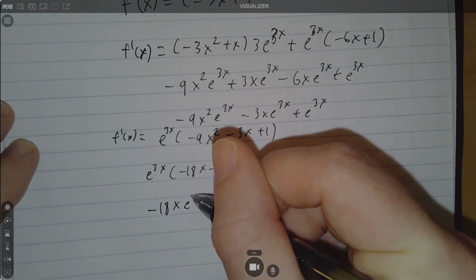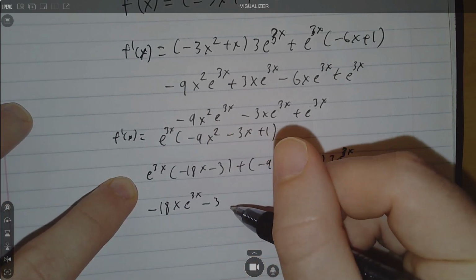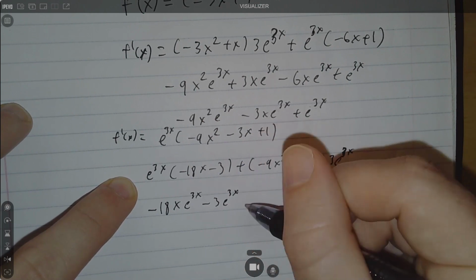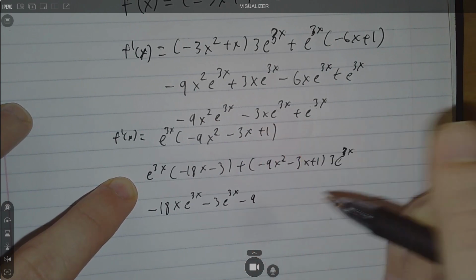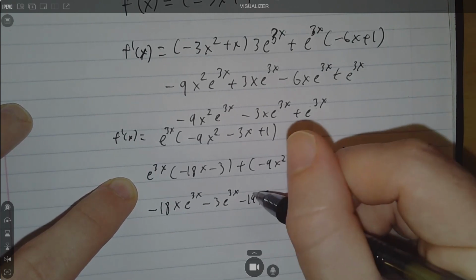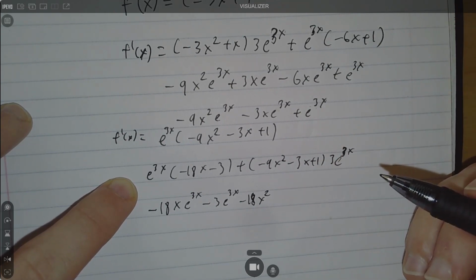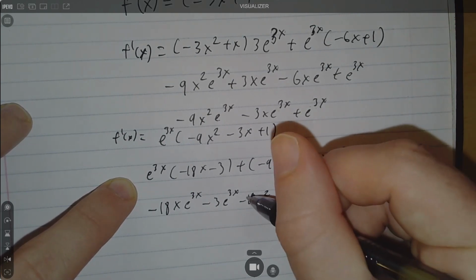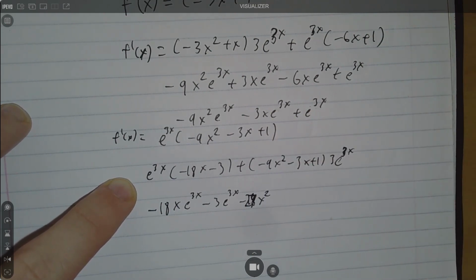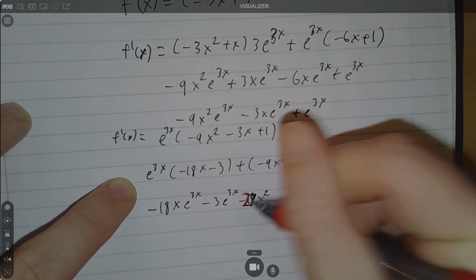So we're going to have -18x e to the 3x minus 3e to the 3x minus 9x squared, sorry, 27x squared, because 3 times 9 is 27.